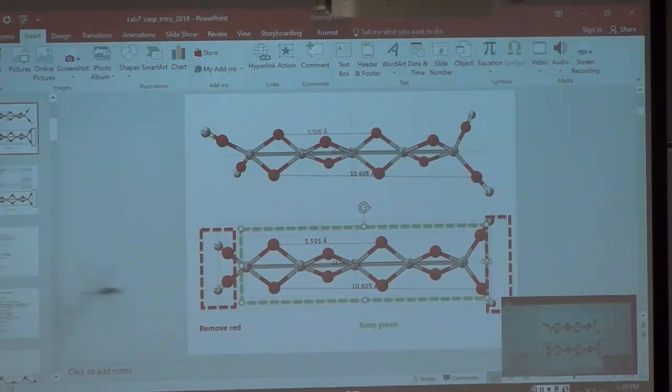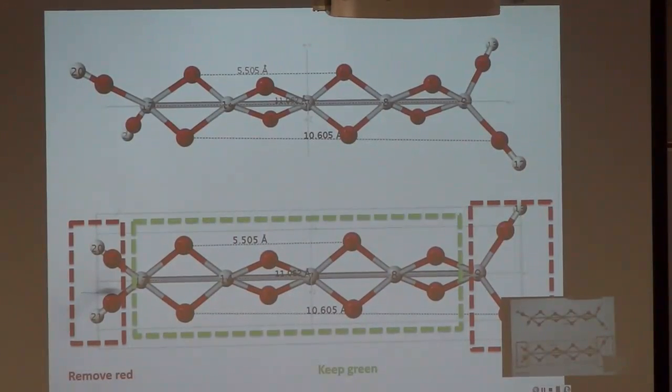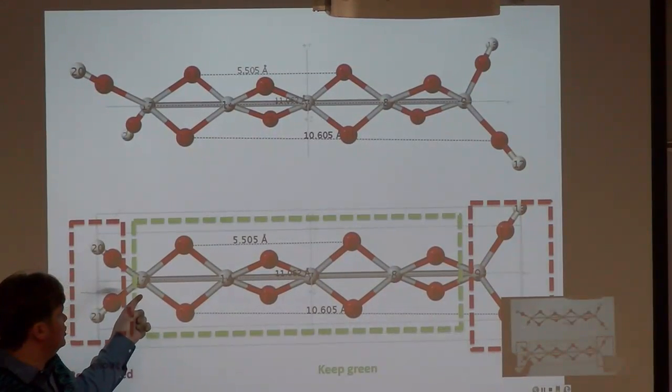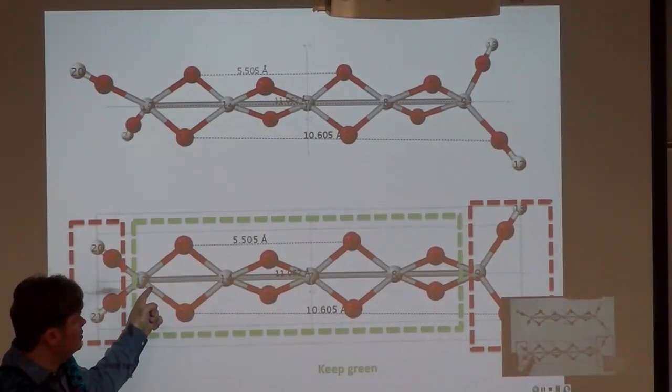So our unit cell will be of this size. So the periodic simulation cell will be 4 titanium and 8 oxygens, right?